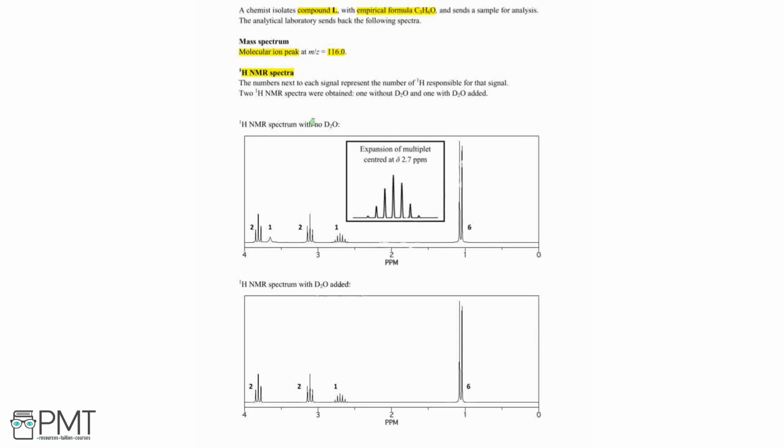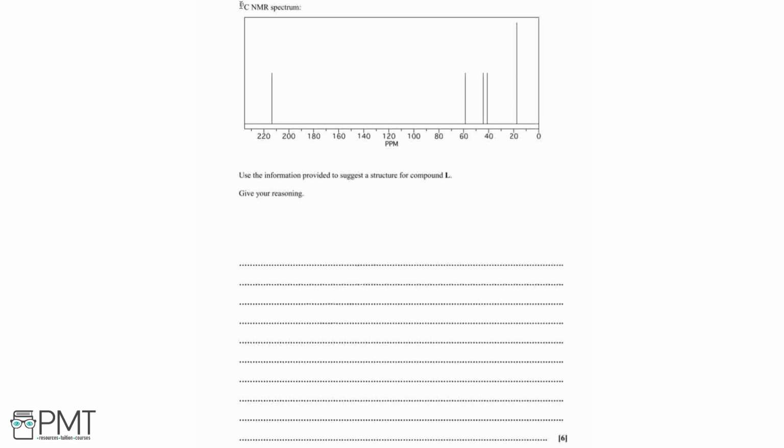We've got one with no D2O, and we've got one with D2O added. We are also told that the numbers next to each signal represent the number of protons responsible for that signal overall. And we can see our splitting patterns, and we've got our chemical shift values. We are also given a carbon-13 NMR spectrum, and we need to use all of this information provided to suggest a structure for compound L.